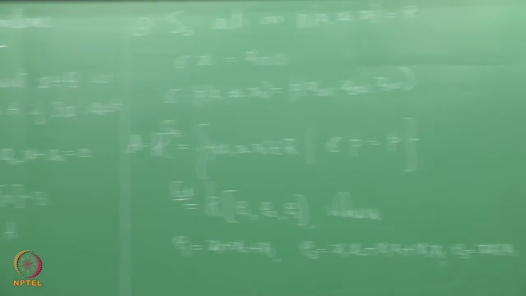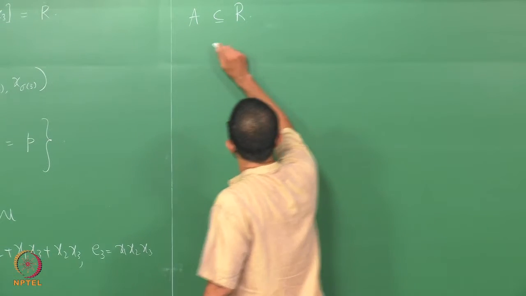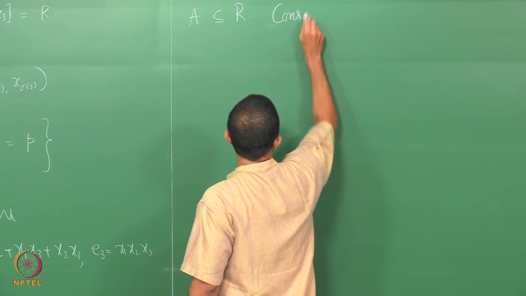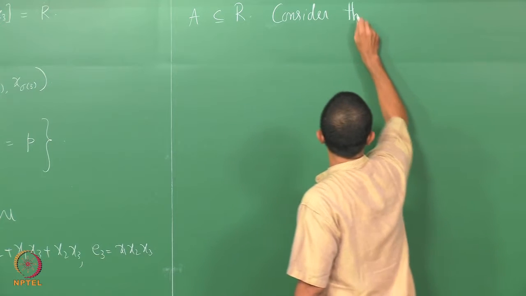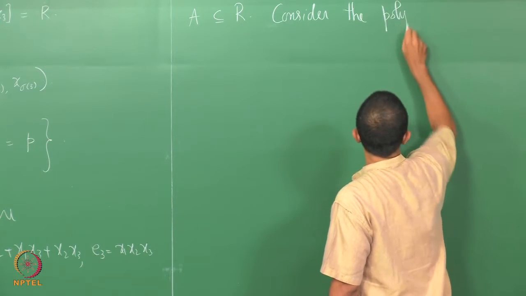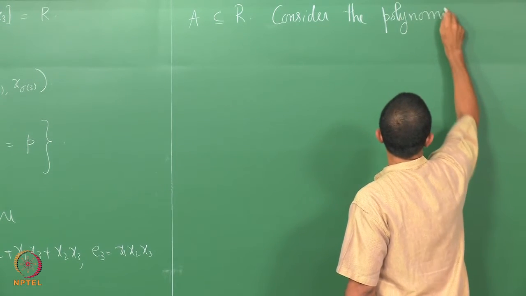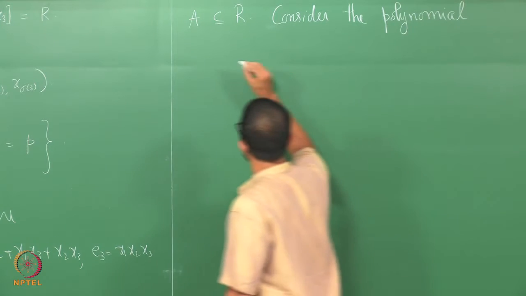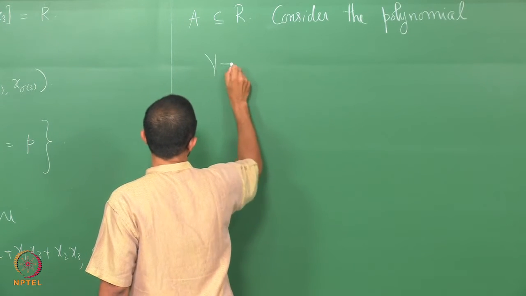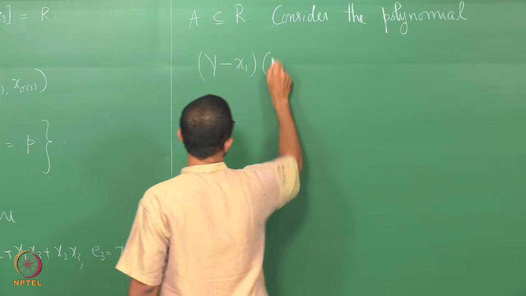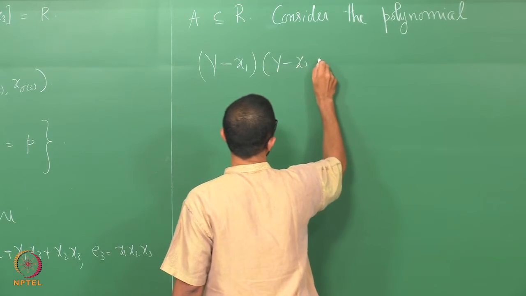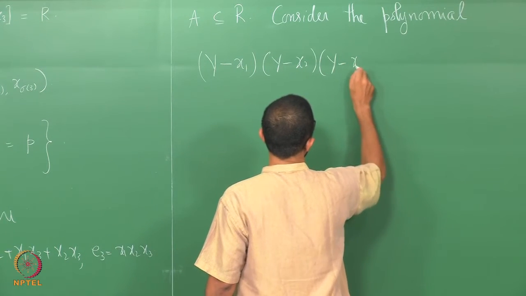Now consider the polynomial y minus x1 times y minus x2 times y minus x3.